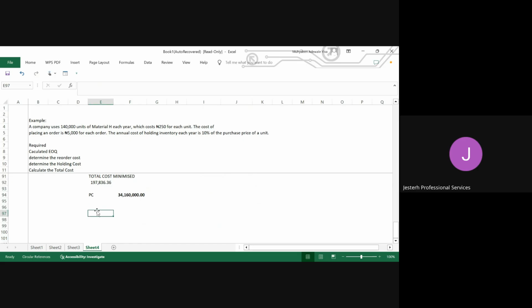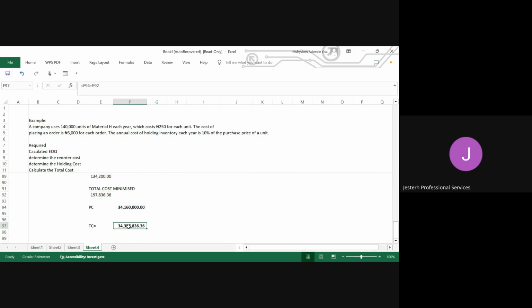Now, what is going to be our total cost? Remember, our total cost is the total purchase price plus the costs minimized, which is this.